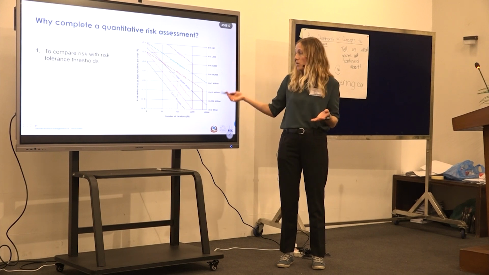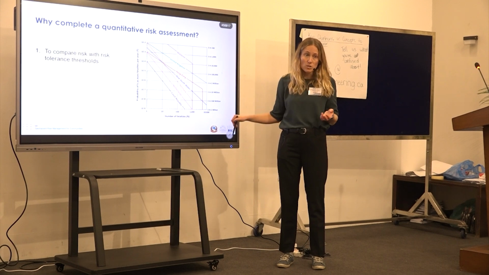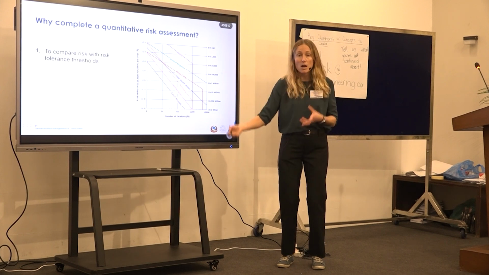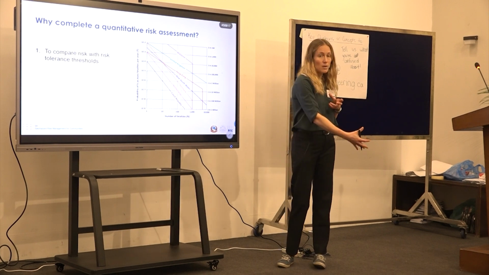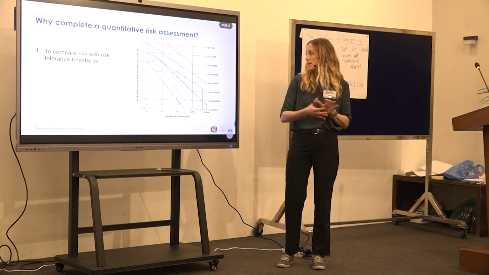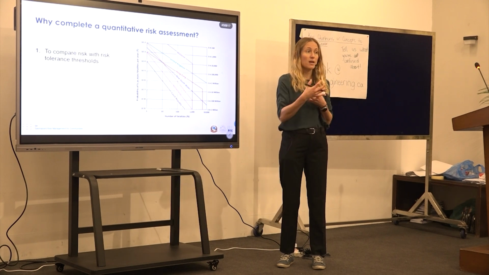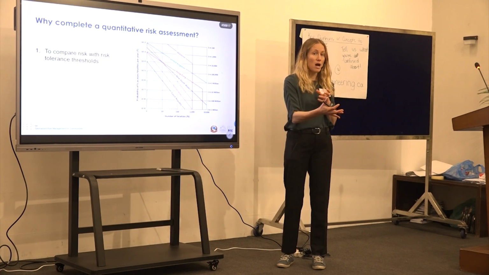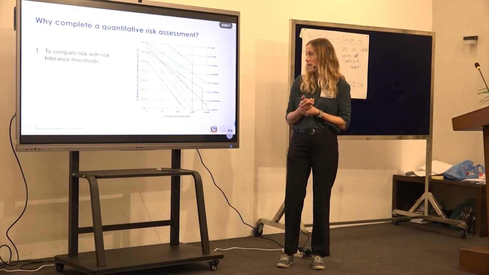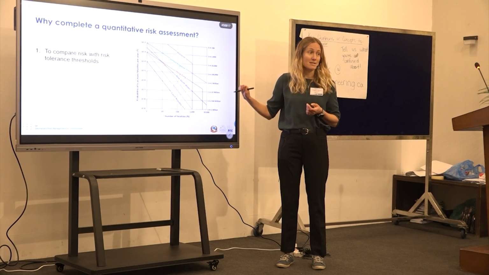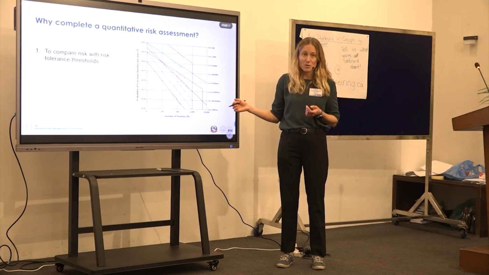Some countries in the world have adopted risk tolerance thresholds that give a clear sense for that country or for that area or for that municipality what amount of life loss risk or economic damage from geohazards they're willing to tolerate. You'll notice from this graph that there is no consistency on what those tolerance thresholds are.